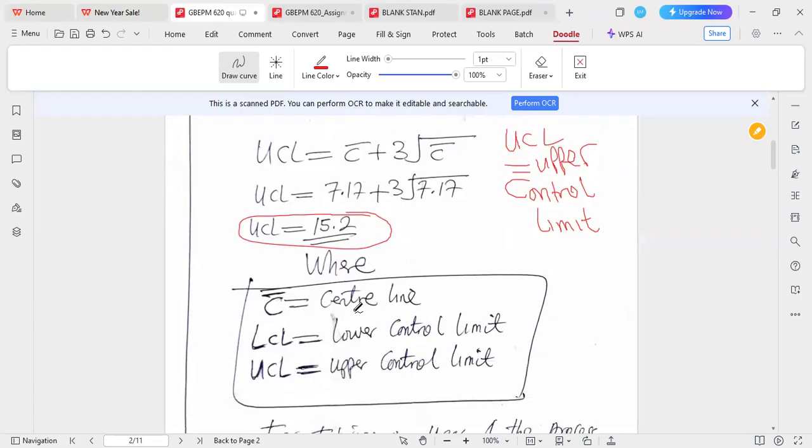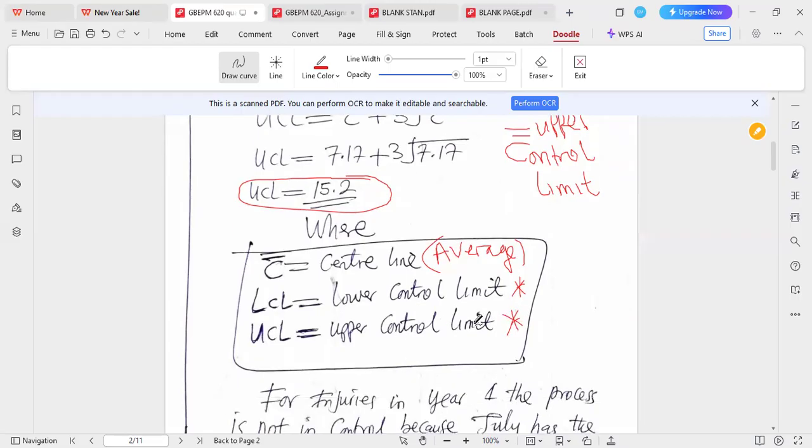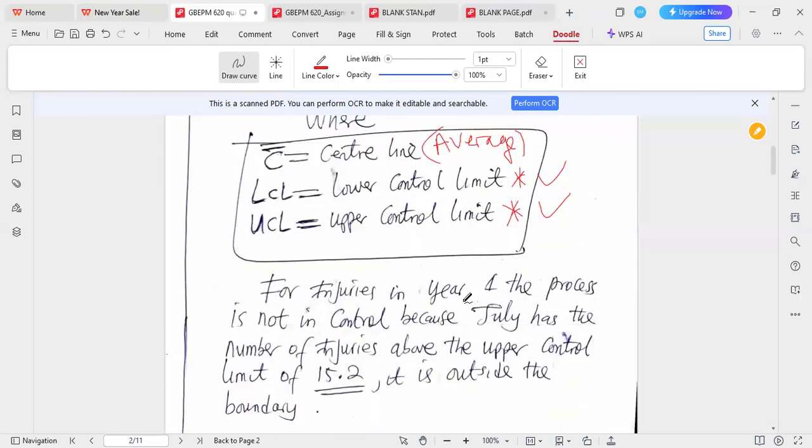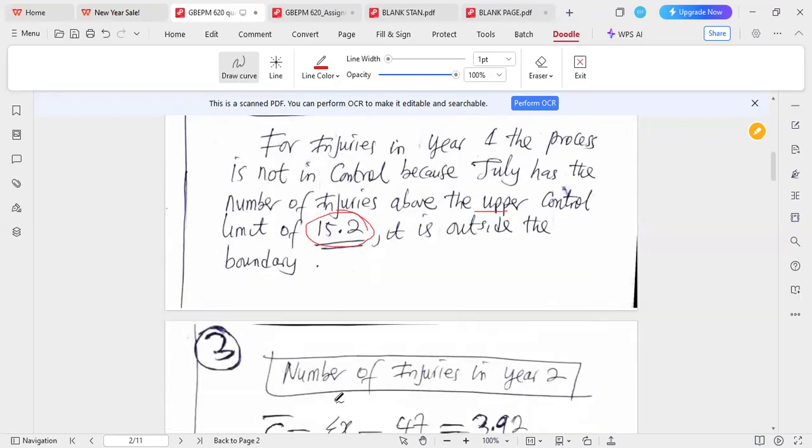C bar is the center line, or you can say the average for the C chart. Lower control limit is presented by LCL, and the upper control limit is represented by UCL. For injuries in year one, the process is not in control because July has a number of injuries above the upper control limit of 15.2. It is outside the boundary.